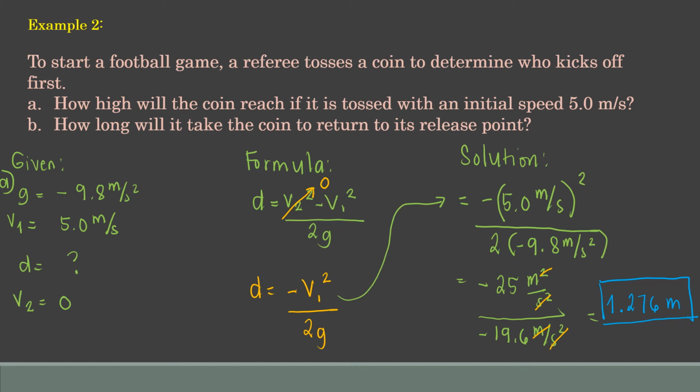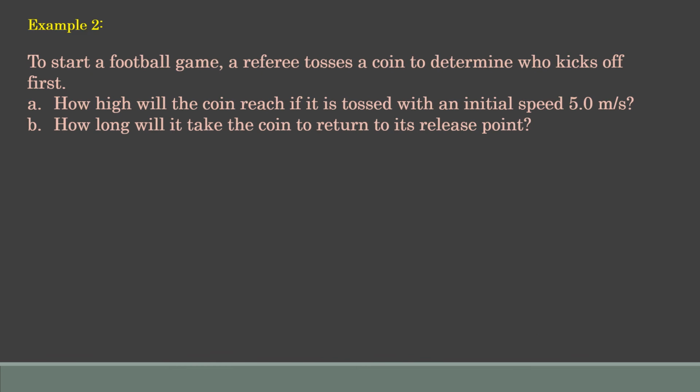Now, for letter B. For letter B, you are asked how long will it take the coin to return to its release point. Let's rewrite our given. We have solved letter A already, so we will use that as part of our given.